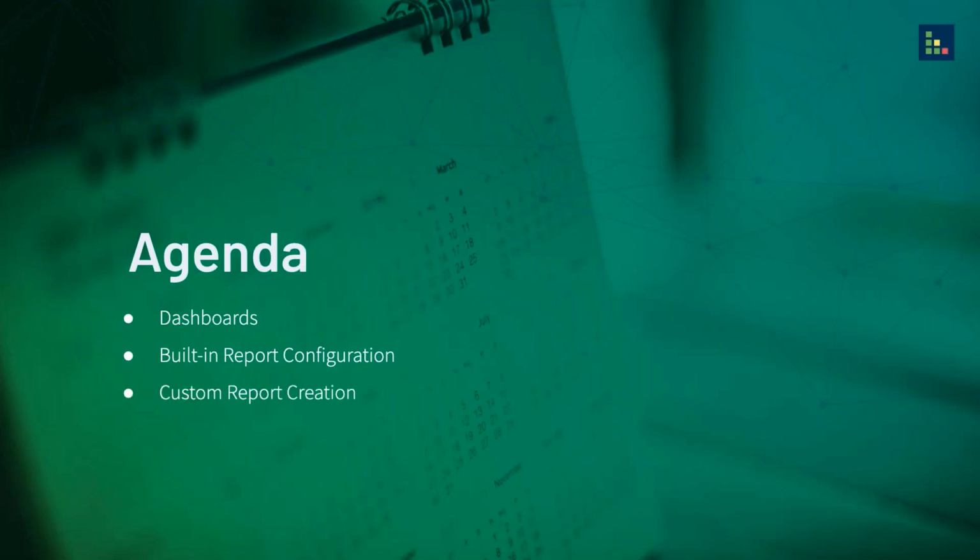And then to finish off with, we will talk a little bit about how you can create your own custom reports for TestRail using either the TestRail API, or if you're a server customer, using a custom reporting plugin.